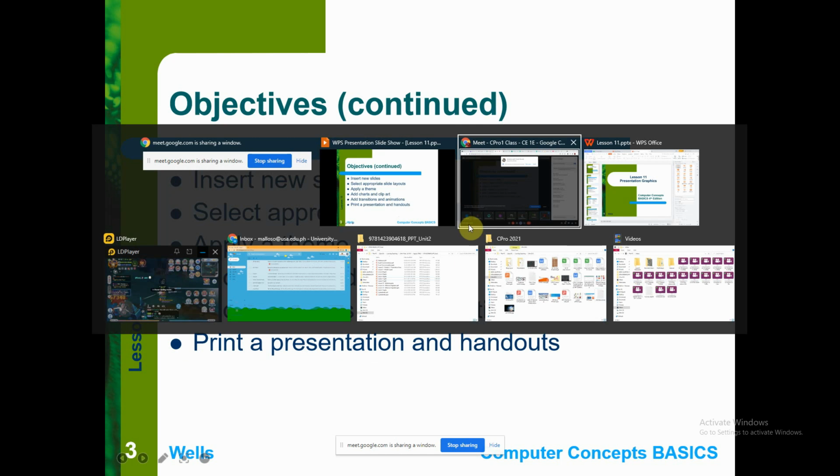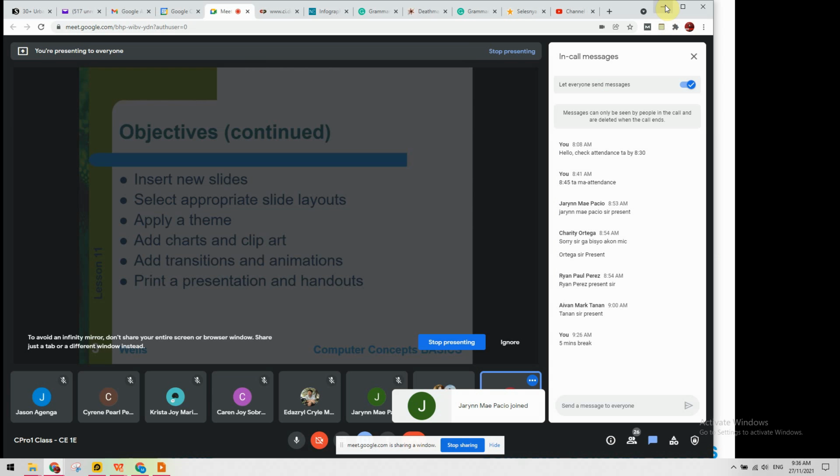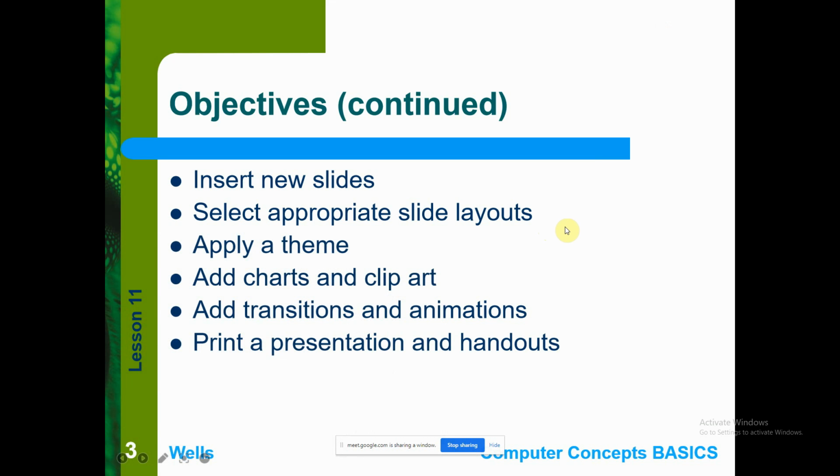And inserting new slides, selecting the slide layouts, applying the theme, and also adding charts and clip art for added information, not only having text as our main information. And we also have these transitions and animations to make our PowerPoint more interactive, and printing this as handouts for our potential clients or for our audience.